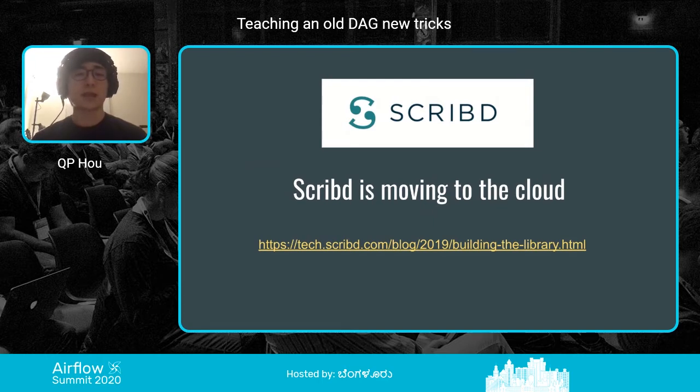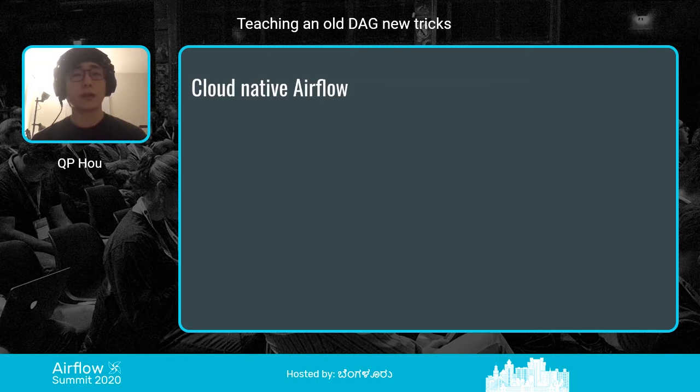And this gave us a golden opportunity to step back and really rethink, if we're going to redesign the infrastructure from the ground up in the cloud, how would we design that using all the best tooling that's available today? So when we design this Airflow deployment, we have a couple guiding principles in mind.